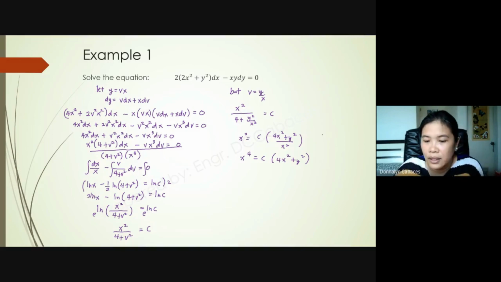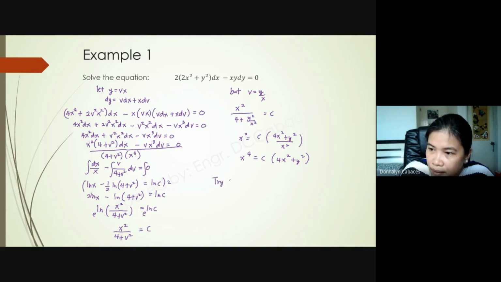So take note that here I used let y is equal to vx. It is your task to try the other variable, x is equal to vy. So try let x is equal to vy and your dx is equal to v dy plus y dv.